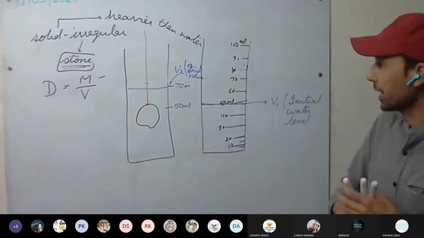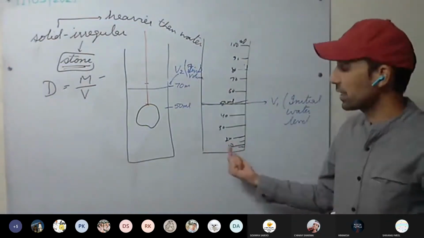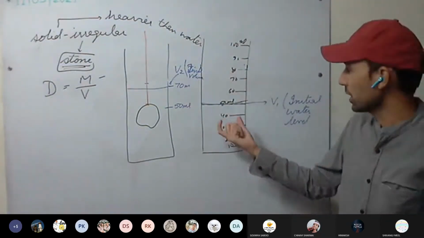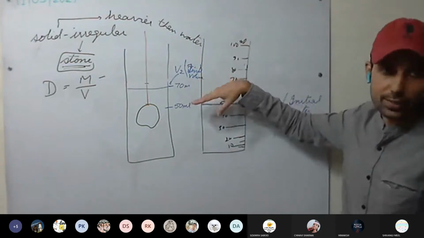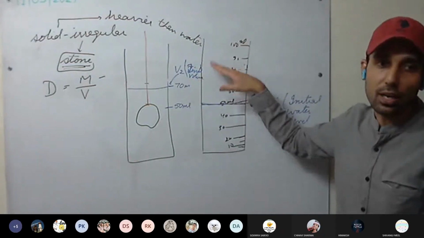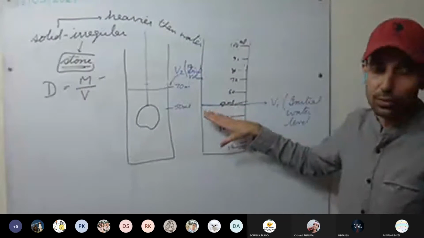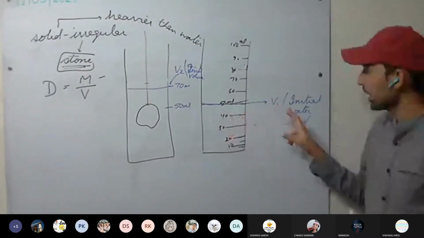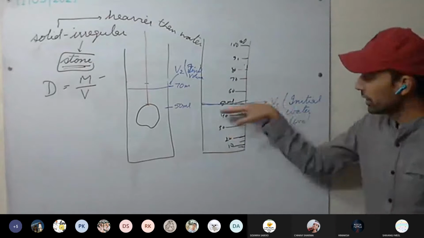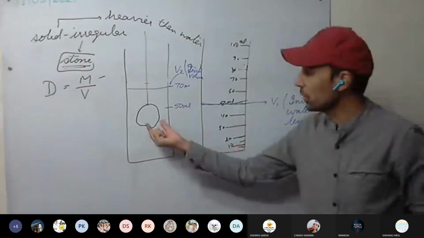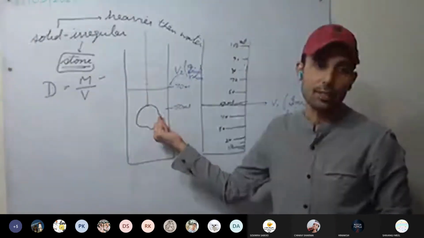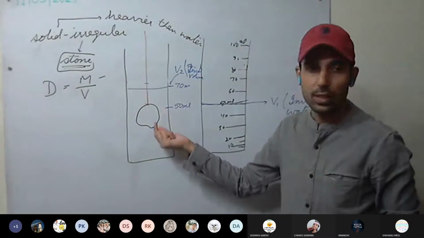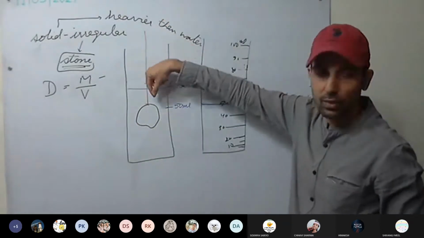Understood this one? Okay, see it again. We take one very clean measuring cylinder and fill it nearly half with water. We note down that reading, V1, the initial water level. Now we tie a thread to the stone and slowly immerse it completely inside the water.